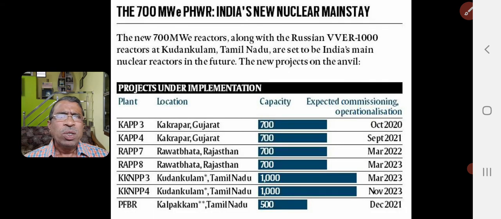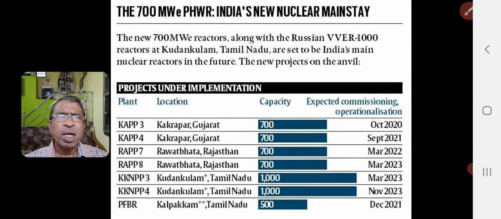This is another slide showing the various nuclear reactors and their production capacities. These are to be established now.